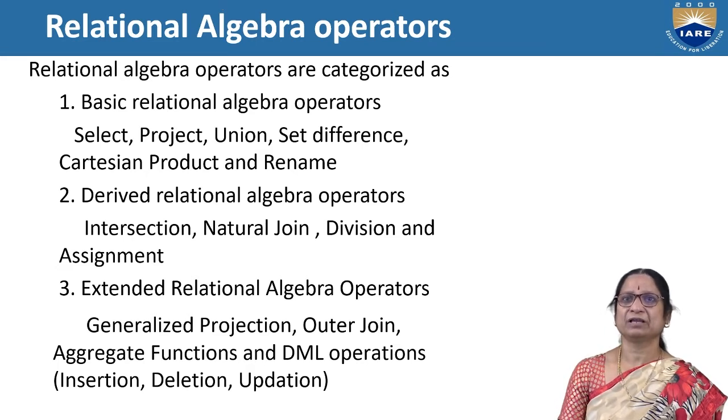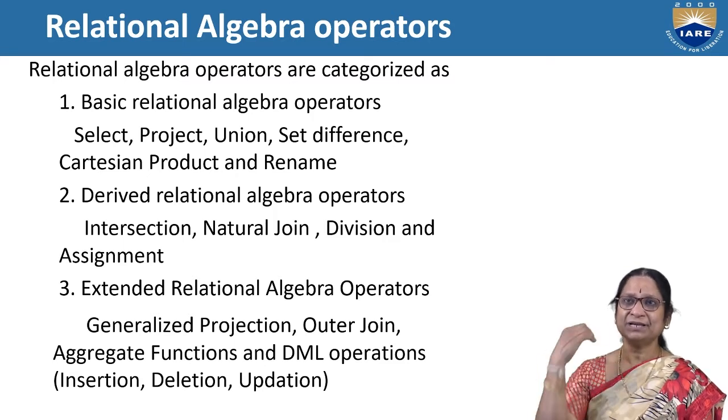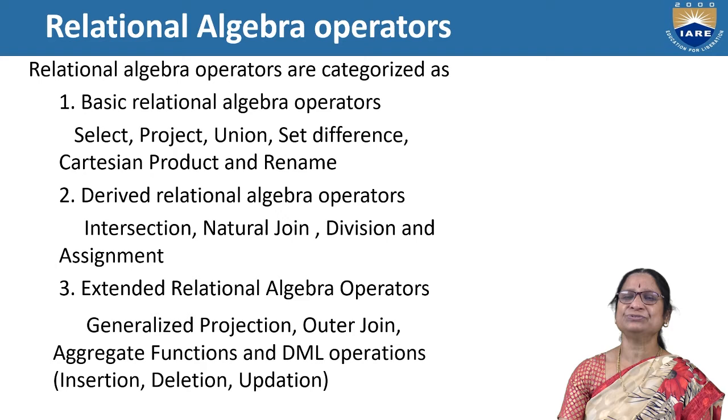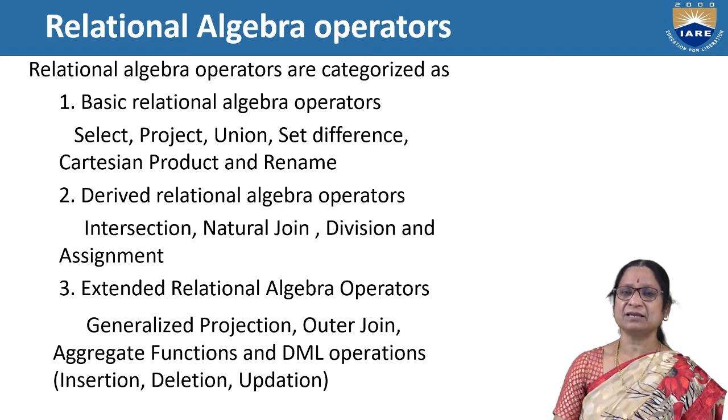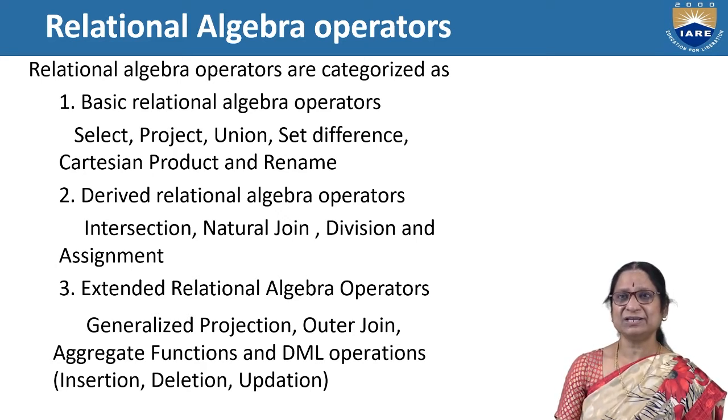These relational algebraic queries are written by using operators and operands. I already explained that the basic operands used in relational algebraic queries are relations only. Inputs are relations as well as outputs are relations.